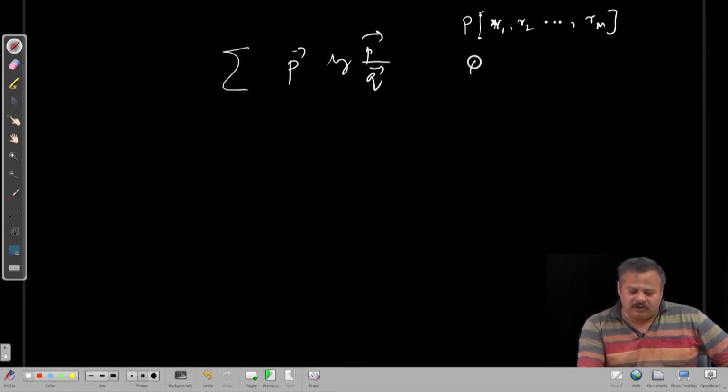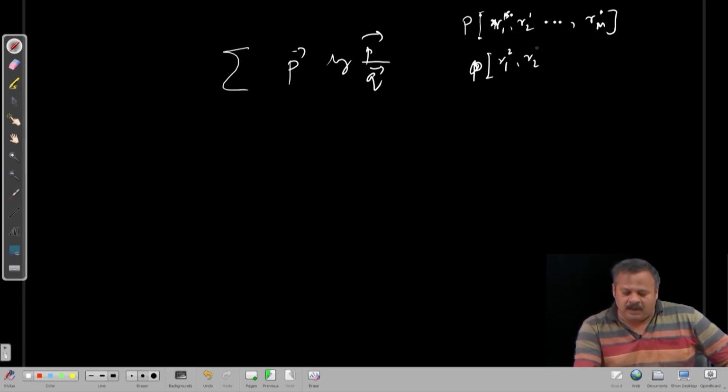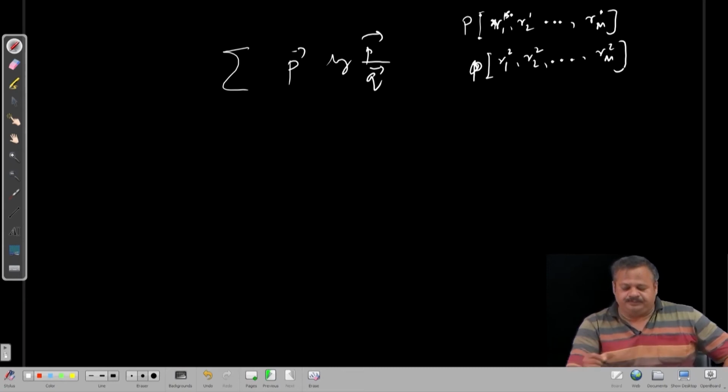Similarly, probability, so let us put a superscript of S1, 1. Similarly, response 1 with superscript 2, R2 2, up to Rm 2.